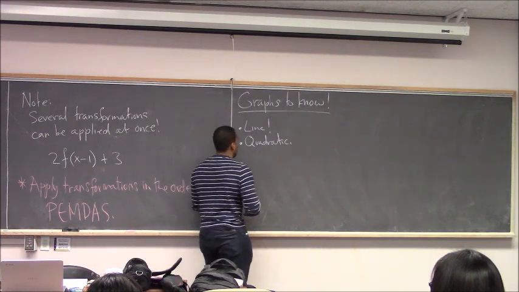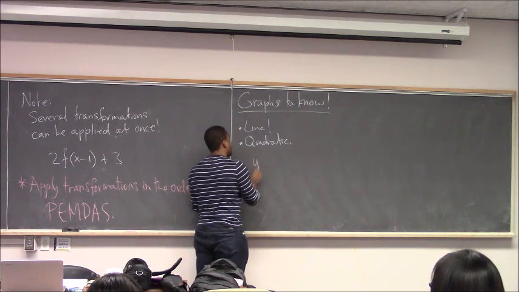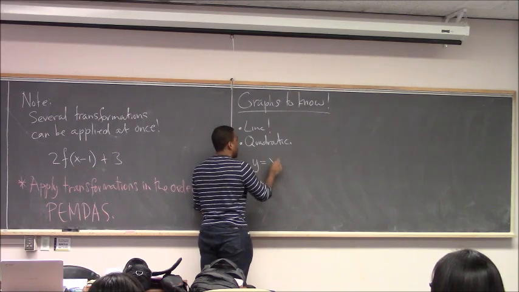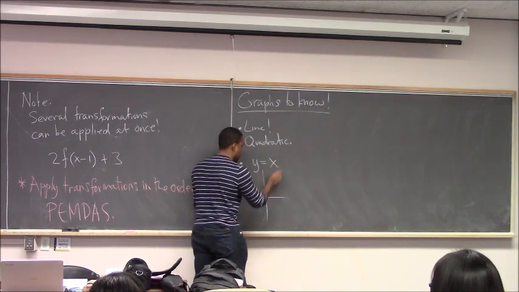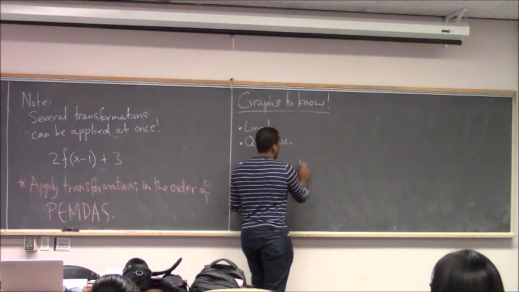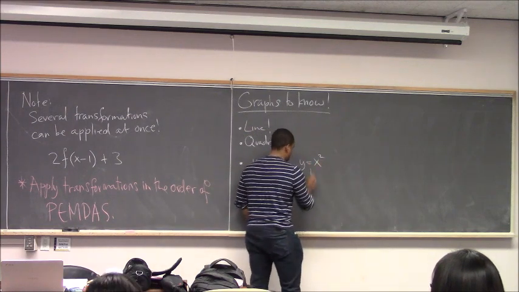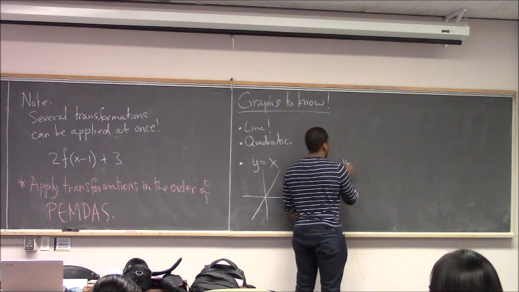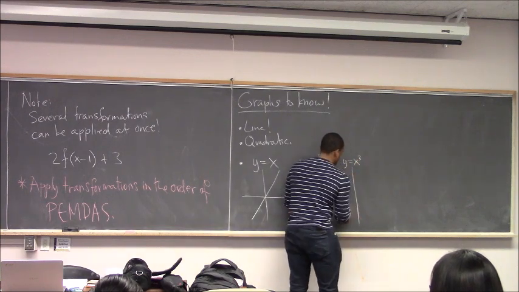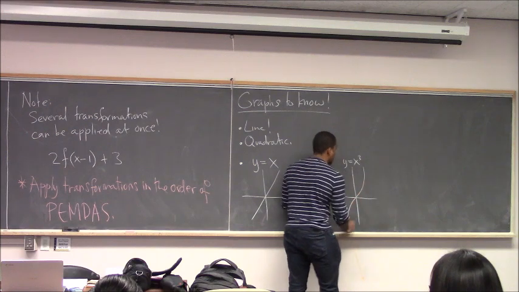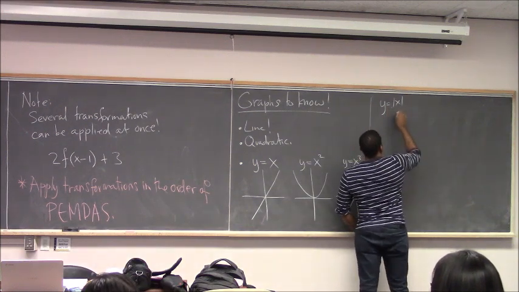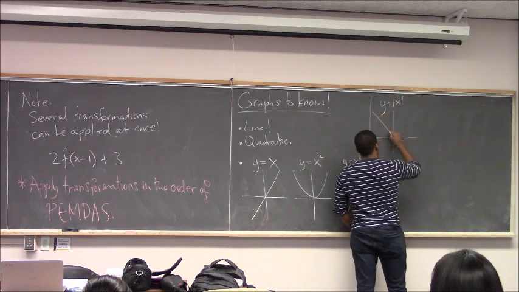But you should also know things like y equals x. You should definitely know that without even thinking about it. Y equals x squared. You should definitely know that without even thinking about it. Y equals x cubed. You should know that without even thinking about it. Y equals the absolute value of x. You should know that without even thinking about it.